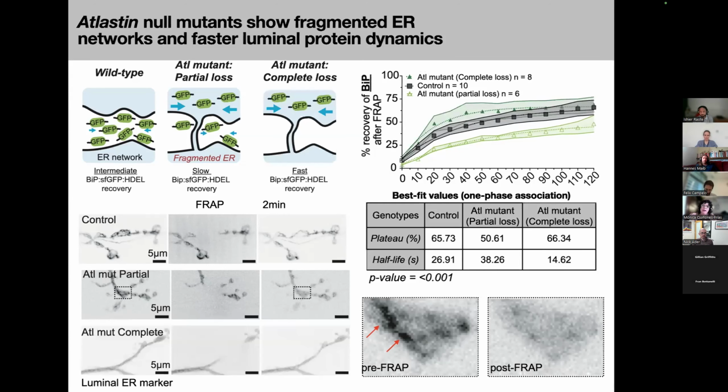And then when we looked at Atlastin mutants that had complete loss of networks labeled, we actually saw that the plateau didn't change, so the mobile fraction of how many luminal ER marker proteins are there. However, they diffused into the FRAP region much faster, again suggesting that these molecules are now in an environment that allows them to diffuse much faster, which could be the cytosol.